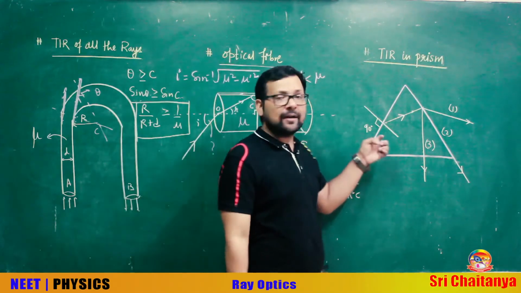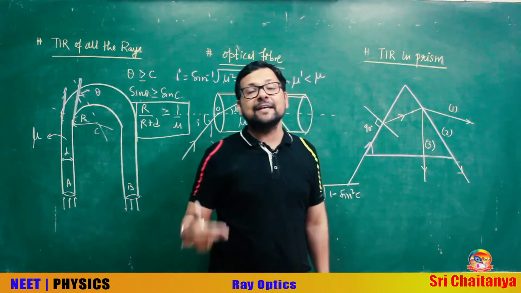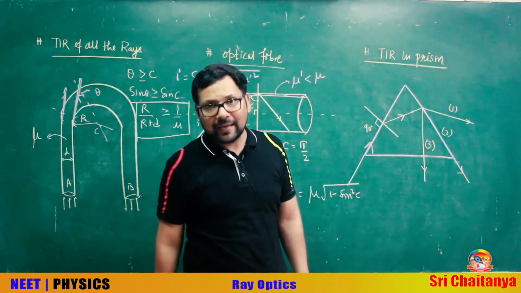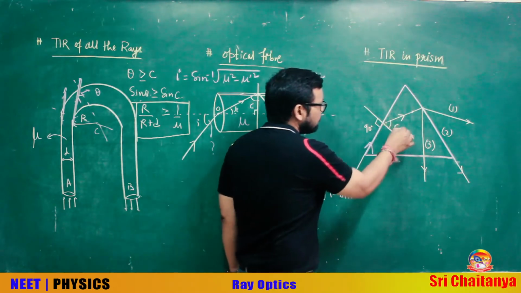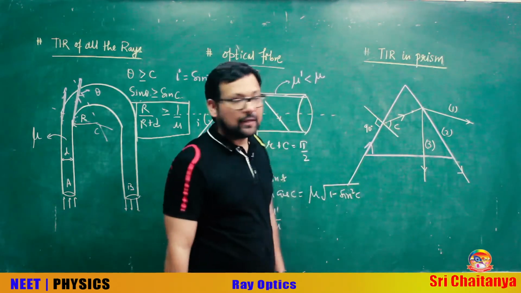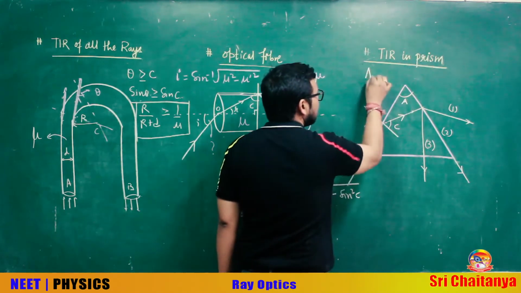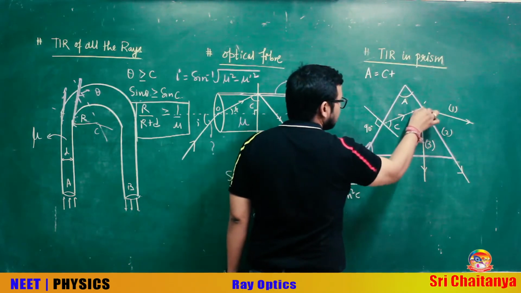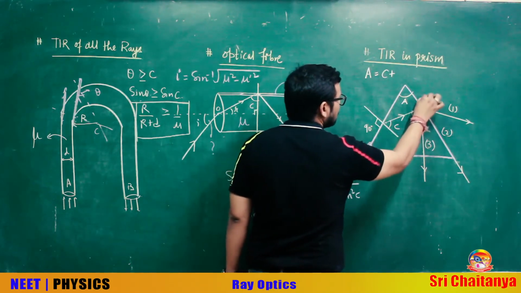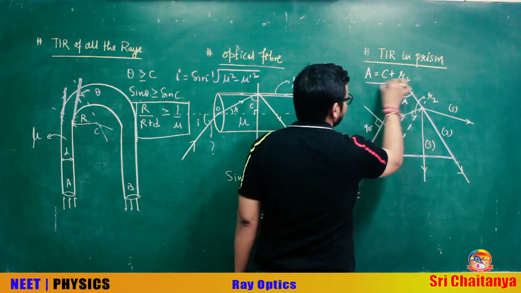So here if TIR is taking place at 90 or almost 90, then you can expect TIR at approximately all the angles. So see, if this is 90 degree, can you see this C? Yes, you can. And from the property of prism, we know that A is this C plus this R2.